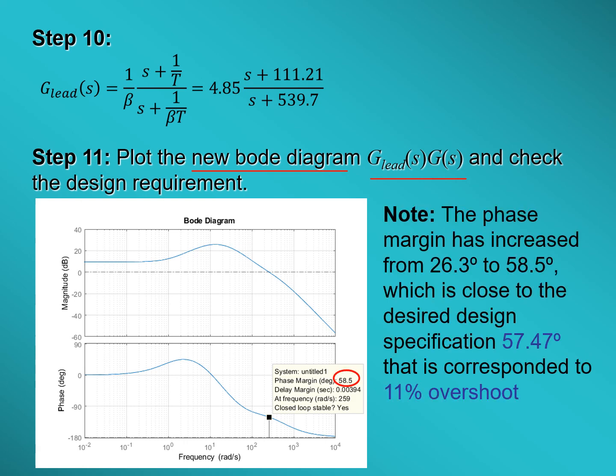If you check, the phase margin has increased from 26.3 in the previous Bode diagram to 58.5, which is close to the desired design specification that you calculated before, 57.47. This 57.47 corresponds to the 11% overshoot, which fulfills your design requirement.